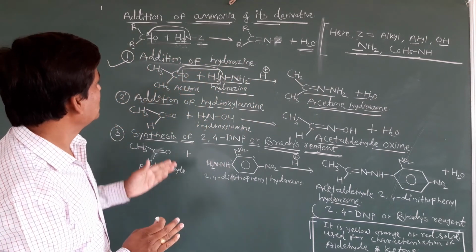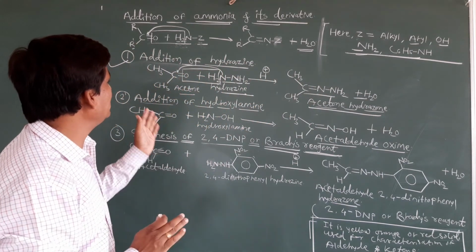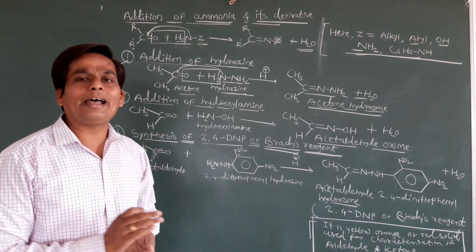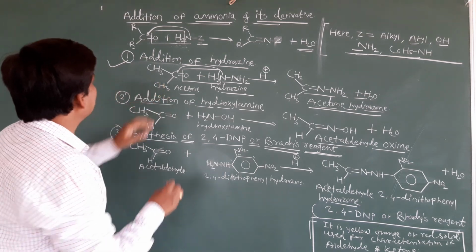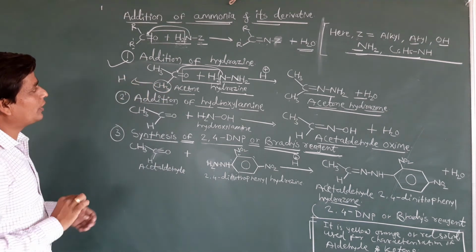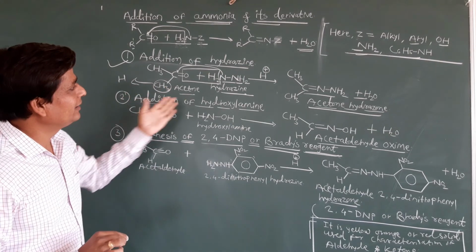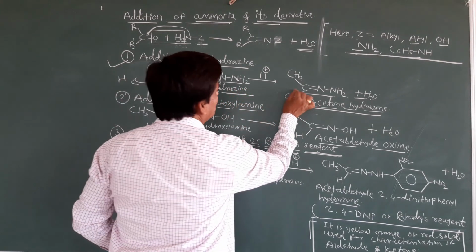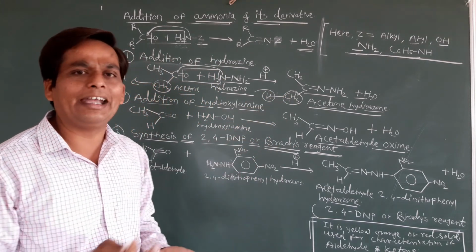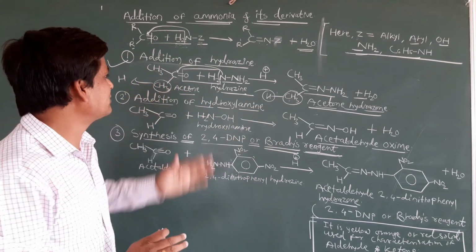All of you clear? The same reaction we can carry out with acetaldehyde also. Instead of the CH3, if you remove the CH3 and put H, then it is acetaldehyde. In the product also, if you remove the CH3 and put H, we can say it is acetaldehyde hydrazone. Now clear, students, how this reaction takes place?